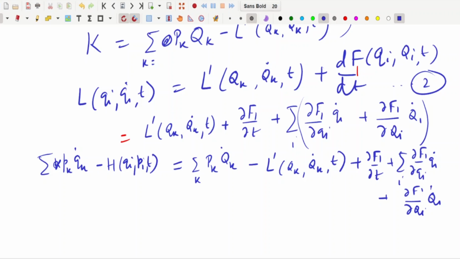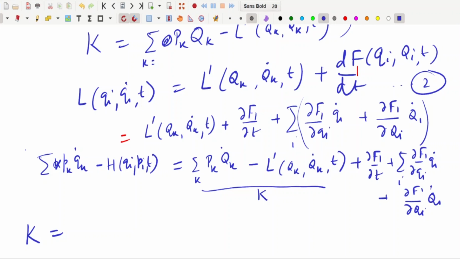Okay. Let us write the new Hamiltonian. We want to rearrange this. So let us write, this is my new Hamiltonian. On the left side, you will have the new Hamiltonian K. We don't need the explicit form of K here, so I write K, and then we substitute the old.